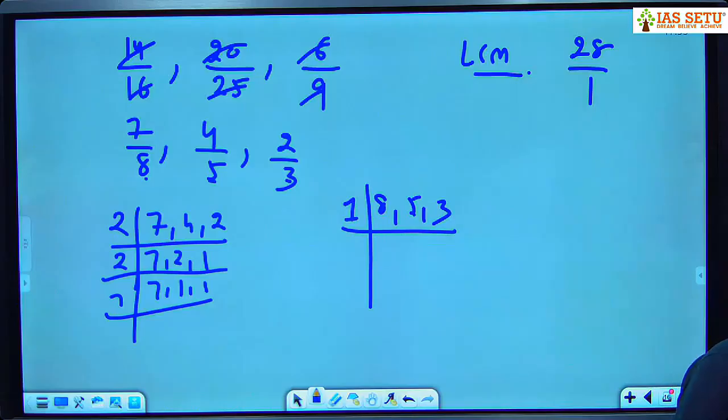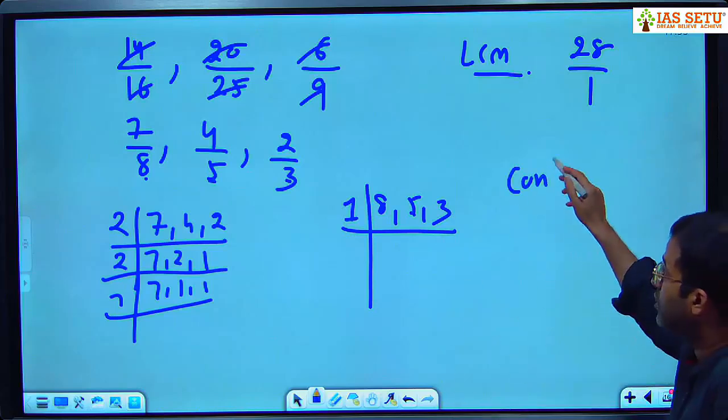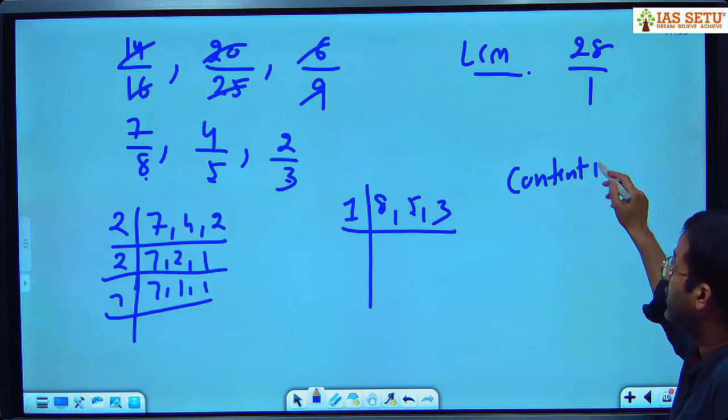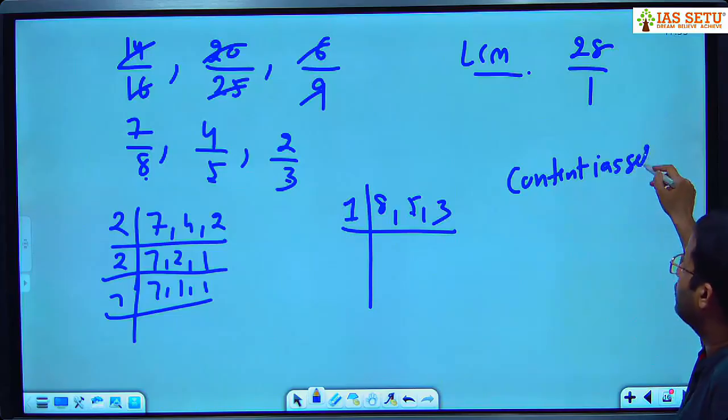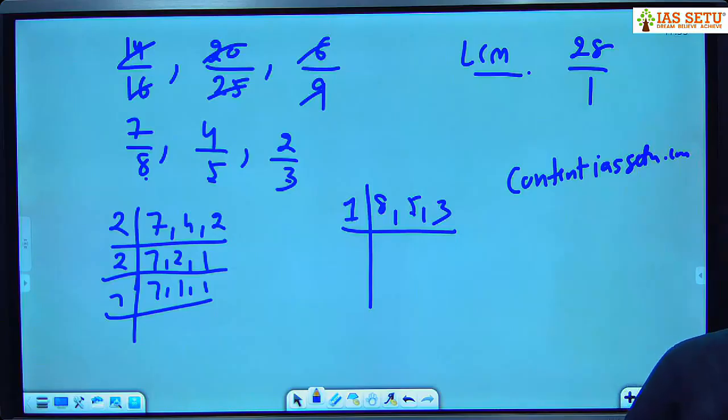Homework for you: 6th, 7th, 8th NCERT, LCM and HCF. You have to practice 20 questions and you have to mail. आपका होमवर्क तो मैं स्पेशली चेक करूंगा content IAS setu.com, क्योंकि ये तो काफी बेसिक चीजें हैं. You have to be comfortable how to find LCM, how to find HCF.